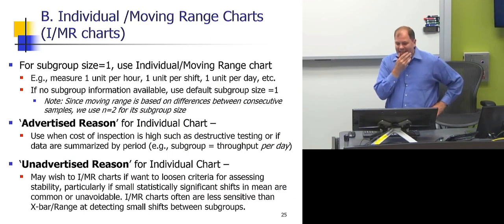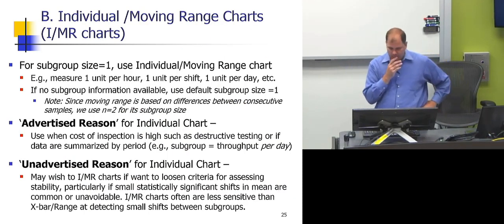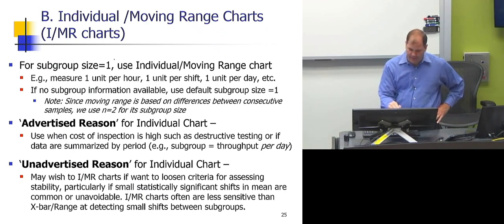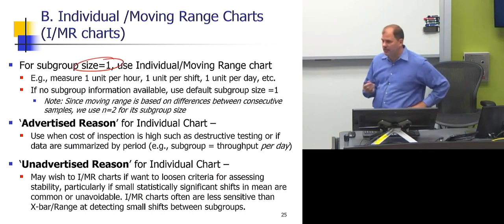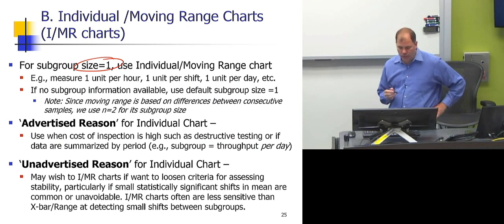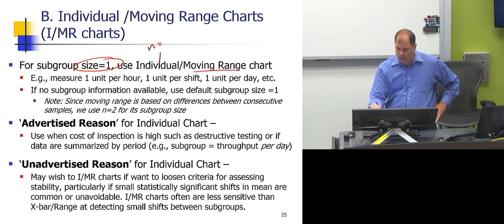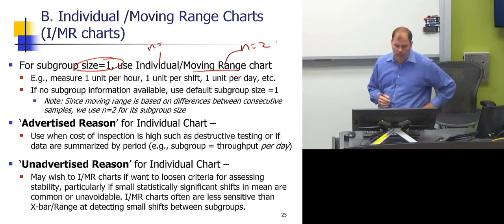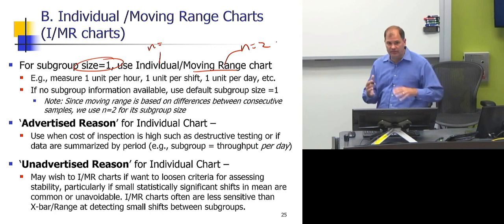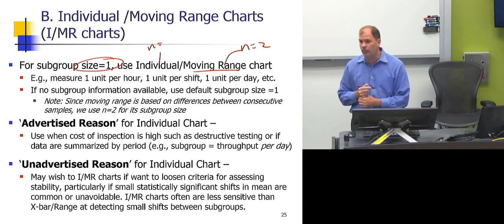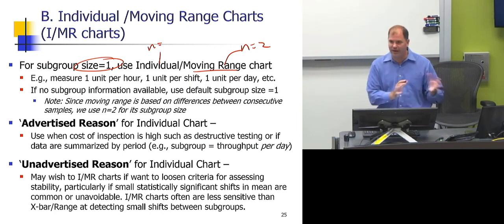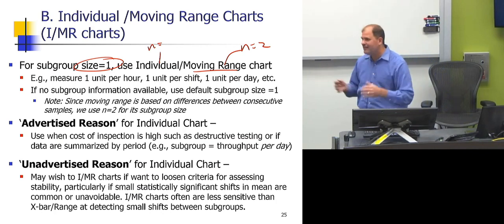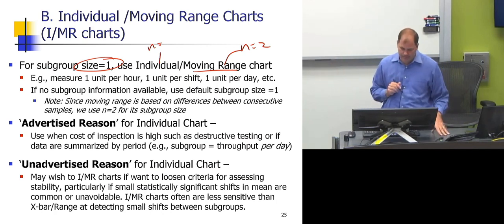All right. Individual moving range charts. Don't overcomplicate this one. Subgroup size is going to be 1. What's tricky, though, is that although the subgroup size is 1 for the individuals chart, for the moving range chart it's actually a subgroup size of 2, because it's based on consecutive subgroups. Here's a case where you have a different subgroup size, even though it's a paired chart.